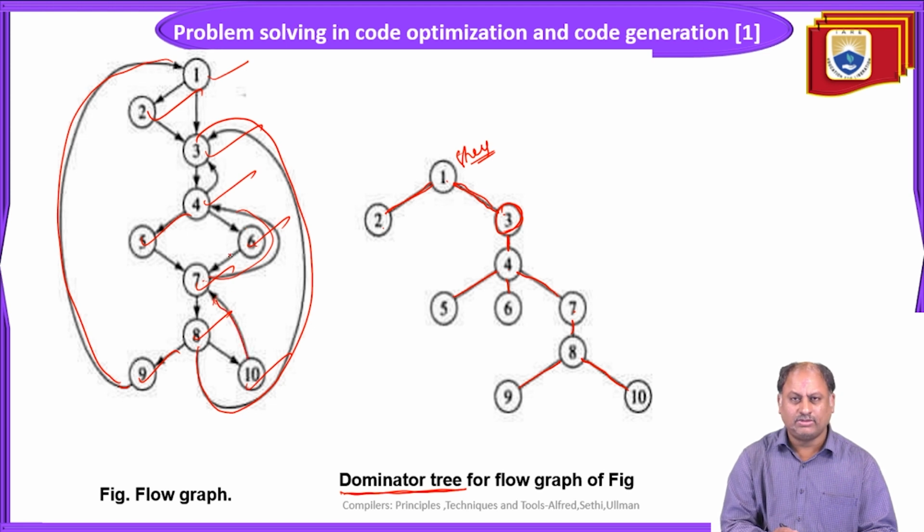This type of edge is to be removed; only the dominator nodes which are actually linked to that processing node are to be counted and written in the tree notation. This notation is called the dominator tree for the given flow graph.